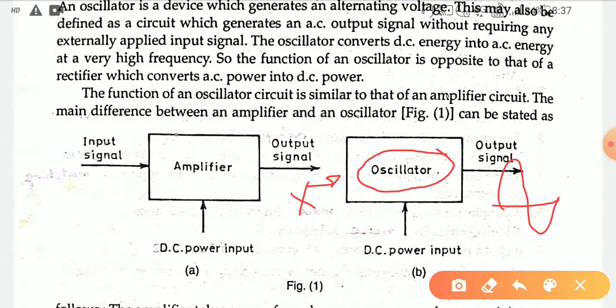As you see, this is the sinusoidal one. And to keep the value constant as the output waveform, the DC power input you have to provide. That means here the output waveform is due to the oscillator's internal circuit, not the input signal.